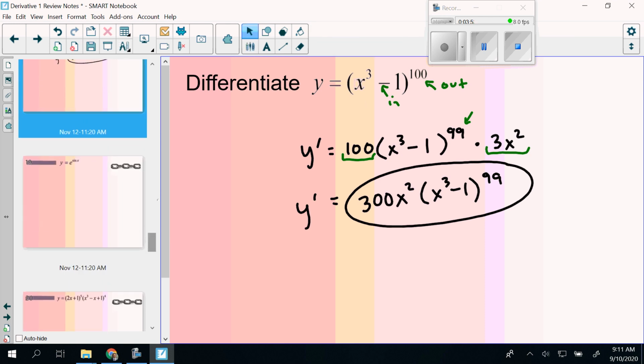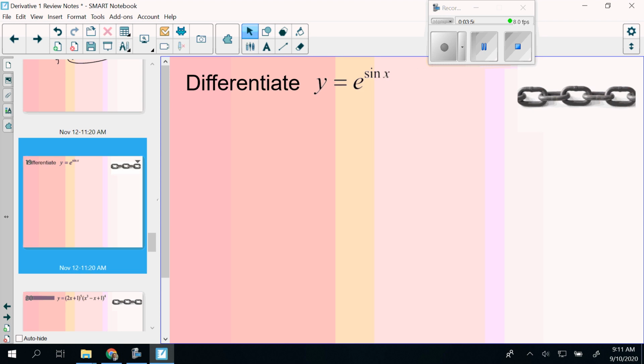All right, let's try another one. Differentiate this one. Now in the last one, our exponent was our outside part. In here, the exponent is actually going to be our inside part because that's inside of this exponential of e to some power. So e, or our exponential here, is the outer one. All right, so finding this derivative now, start with the outside one.